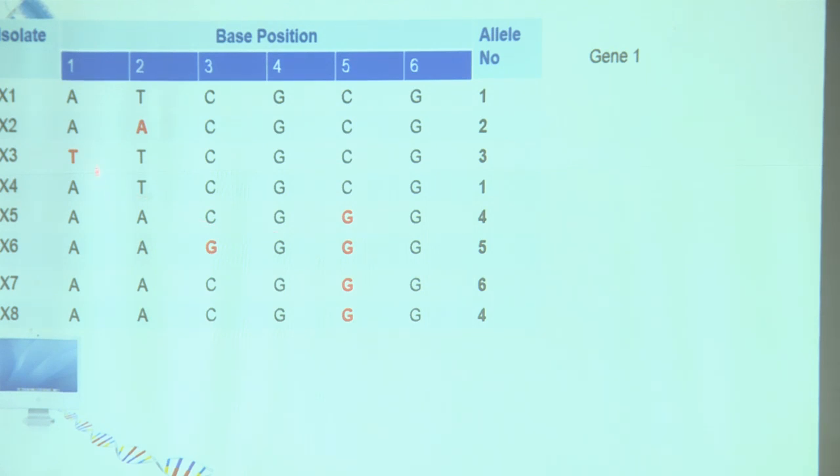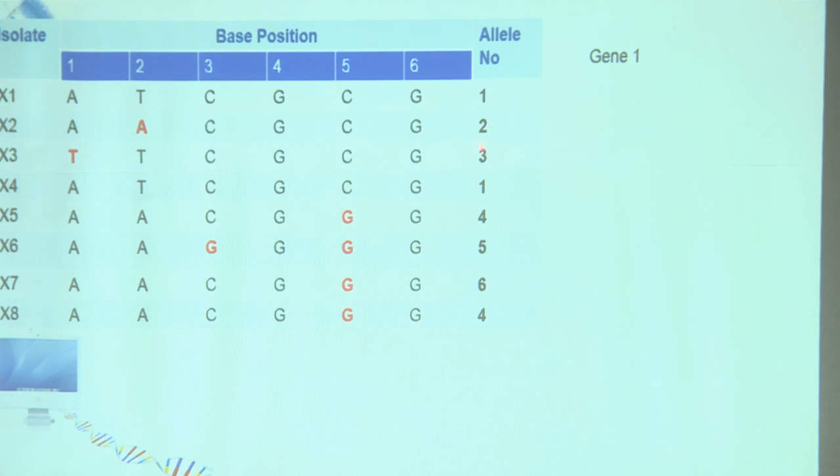So we gave 1 here. When I move to the isolate 2, I found the second base call. Had it been T, I would have given 1 here, but I found A here, right? Remember, it's the first 6 base pair. Variations may come later on also, right? So now these variations are converted into allele numbers.